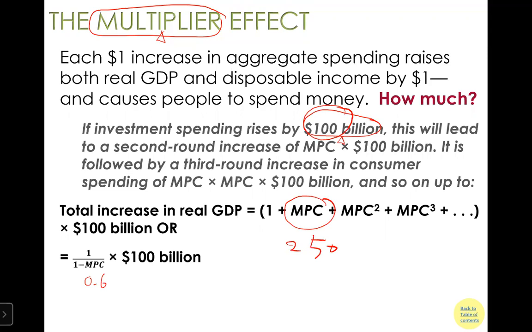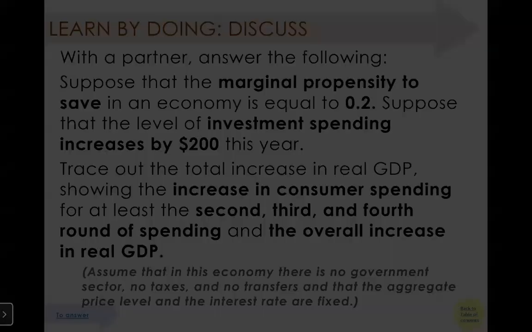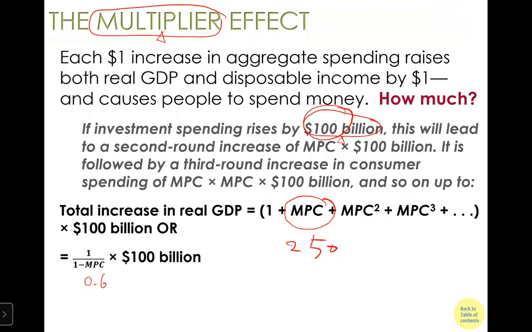That's the logic behind the government's fiscal stimulus. But here I want to emphasize we put in a lot of assumptions to simplify the analysis. In reality, the multiplier is much smaller than 2.5.